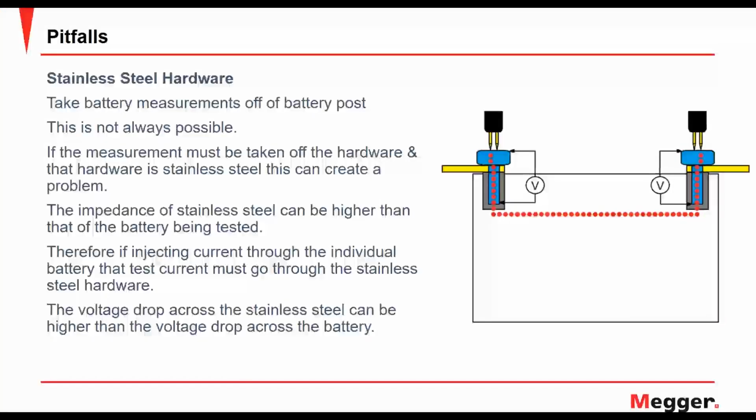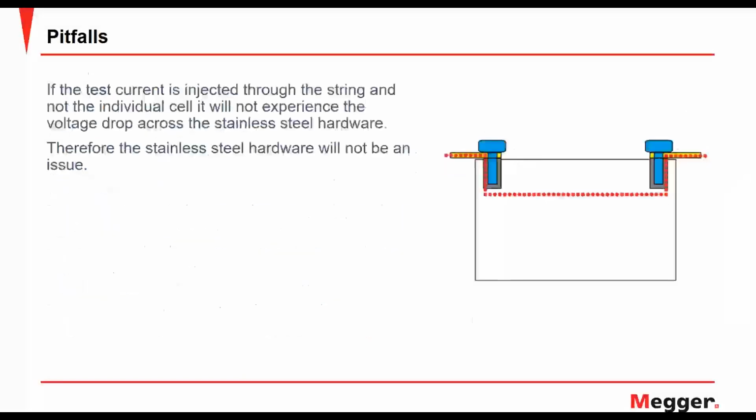So the best way to do this test is to inject through the whole string of the battery and then take the measurement from each battery, thus indicating only the voltage drop on the internal cell, not the voltage drop on the stainless steel hardware.